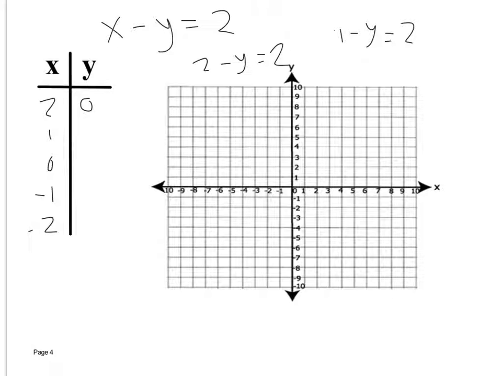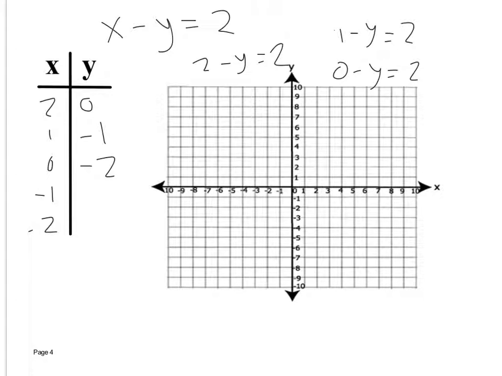We would add those because you can't subtract a negative. So 1 plus 1 is 2. So Y is -1. Good job. Plug in 0. 0 minus Y is equal to 2. What does Y have to be? -2. You can't subtract a negative, so it becomes positive. 0 plus 2 is 2.